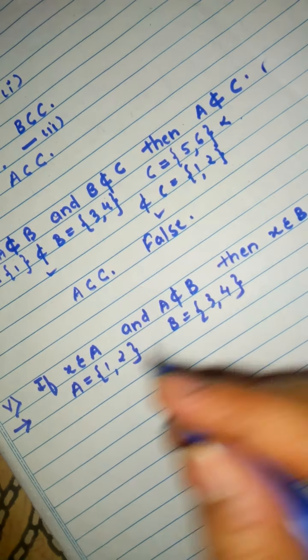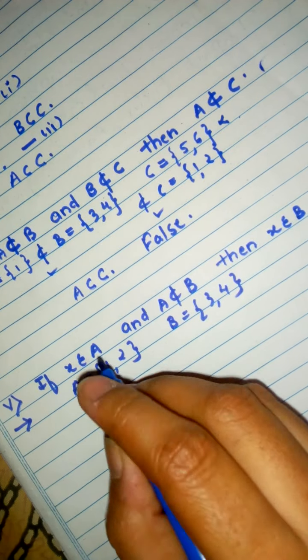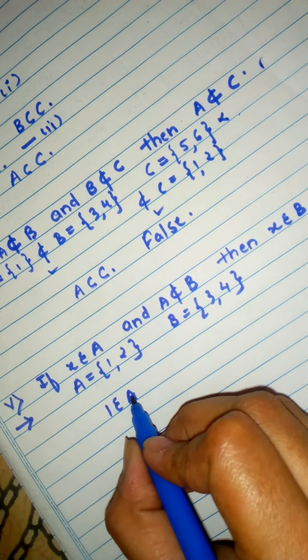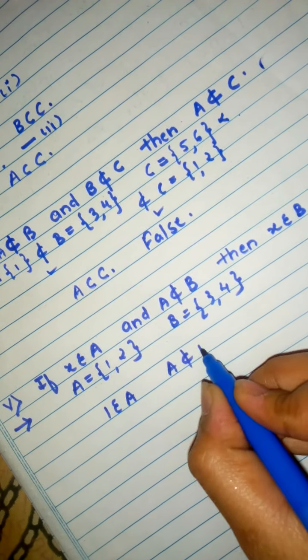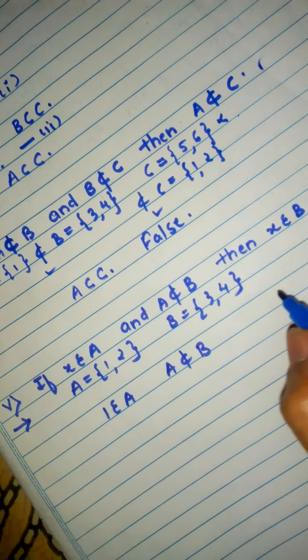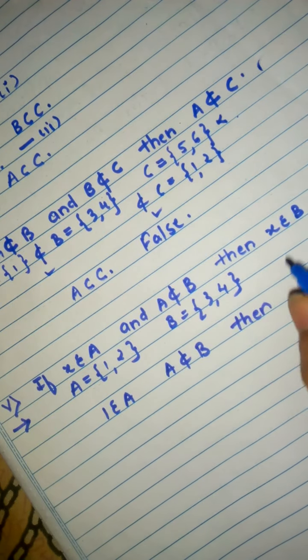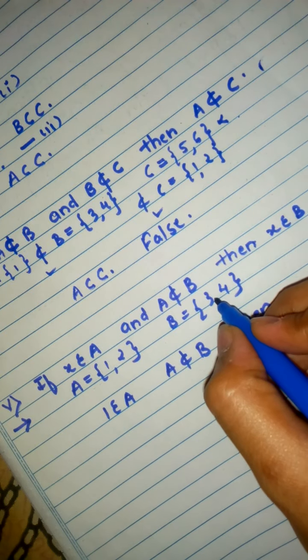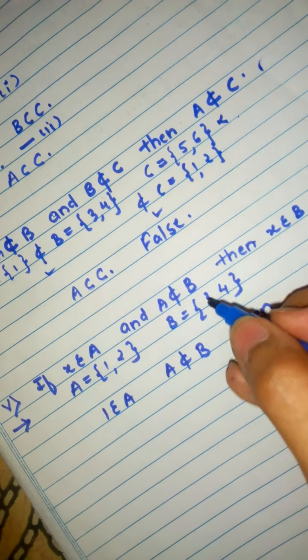Now X belongs to A, so we'll take 1 belongs to A, and A is not a subset of B, which you can clearly see from this example. Then what it is saying is that whatever X you have chosen, it belongs to B. How will it belong if they are not subsets?